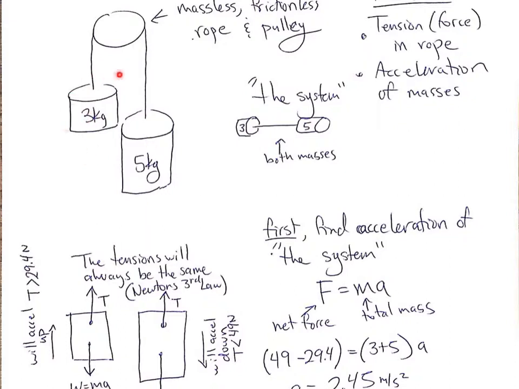The total force, the sum of all the forces acting on this, is the heavy one minus the light one. So we have 49 newtons downward here and 29.4 newtons downward here. The difference in those is the actual force that goes to accelerate these masses.